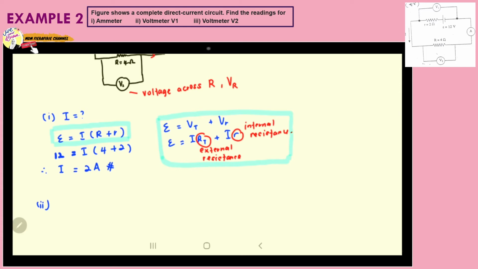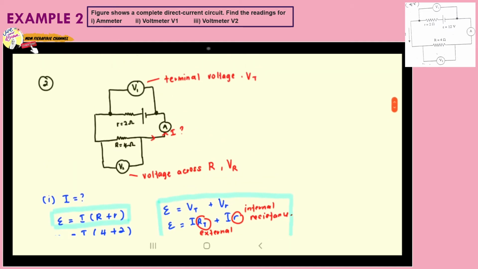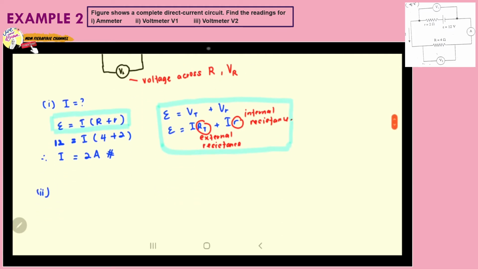Okay, so next, question number 2. We want to calculate the reading of voltmeter 1. As we know, voltmeter 1 reads the terminal voltage of the circuit, VT.